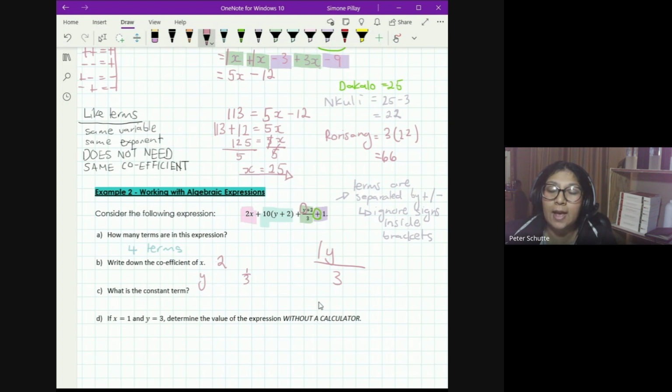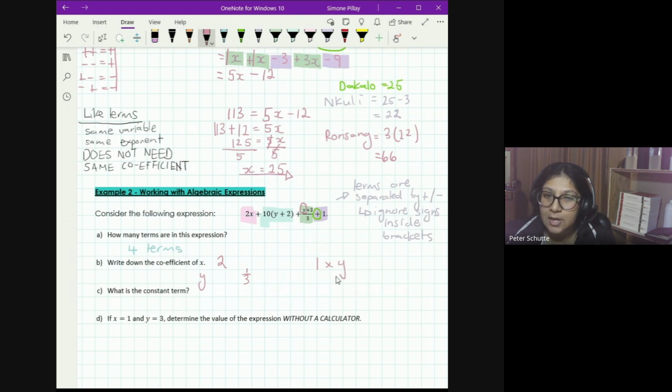But when we have a fraction that has a variable, I have to include the denominator as well. Let me tell you why. Remember, my coefficient is basically what's being multiplied to my variable. If I multiply 1 times y, am I going to get y over 3?